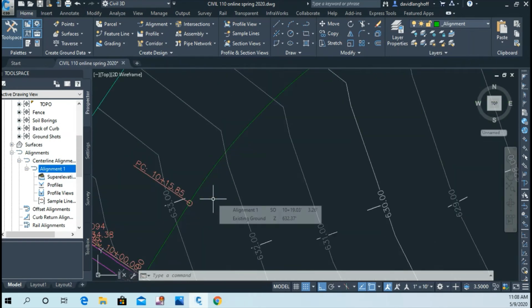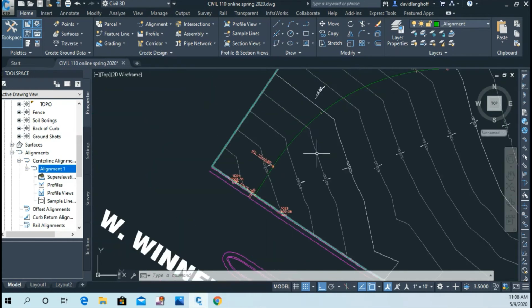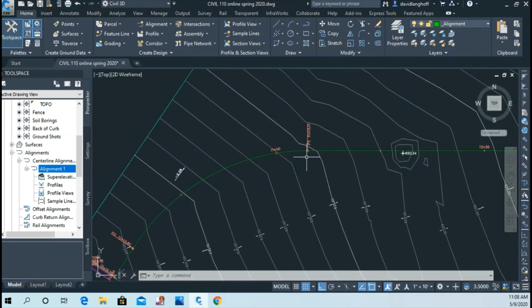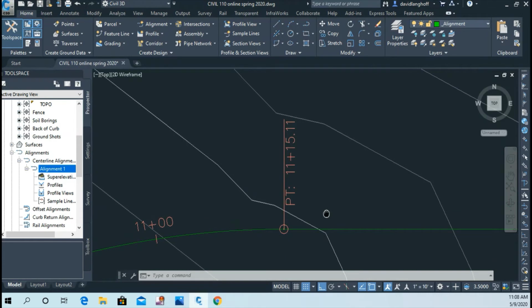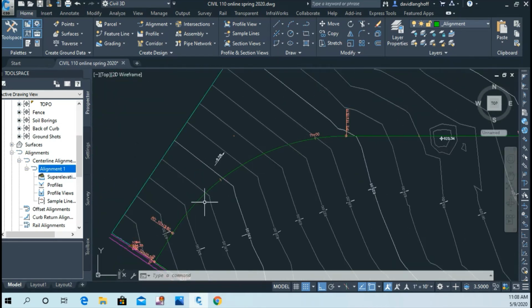Again, you can see that our alignment starts with a straight line, and then here's our point of curvature, and here is our point of tangency for the first curve. Of course, these are the stationing of these points, and the length of the curve is the length from the PC to the PT measured along the curve.